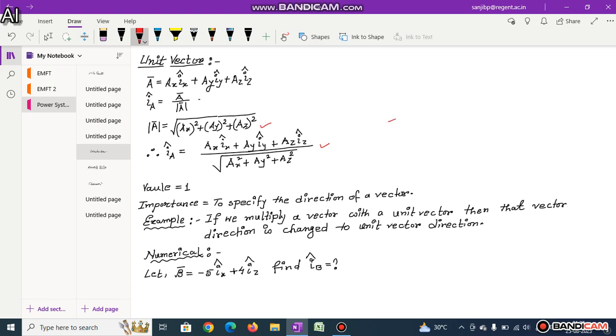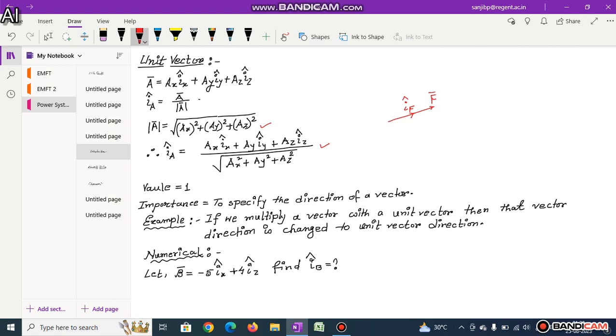Suppose here is a vector, I put an arrow over it, say a vector f, meaning force. This force is a vector and its unit vector is if, which gives the direction of the force. Here I have considered force as the vector.